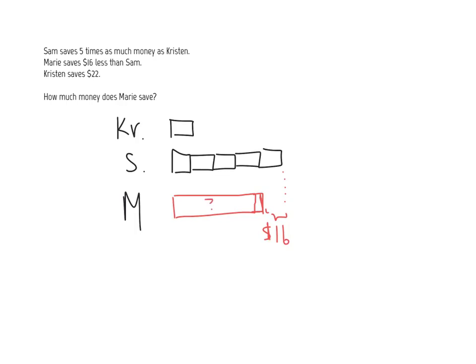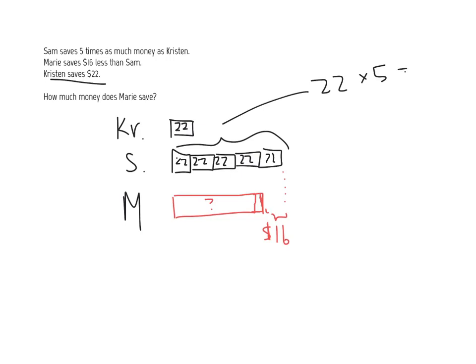So the big question here is how much money does Marie save? So in order to find out how much Marie saves, I have to back all the way up and start with Kristen and then find Sam's amount and then go to Marie. So we know from the problem that Kristen saves $22. Okay. And we know that Sam is 22 times 5. I'm just writing it over to the side here to save myself a little room.